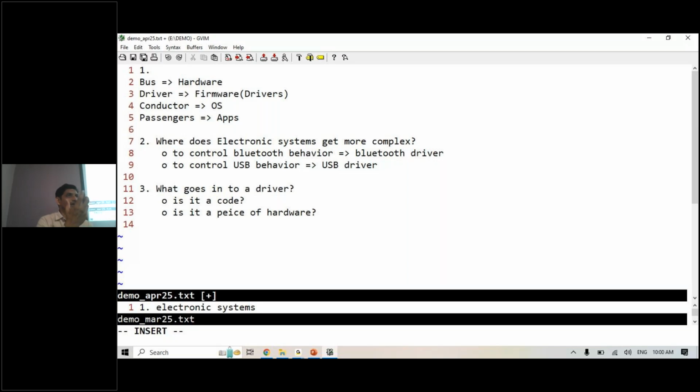Is the operating system code or is it hardware? Is it some piece of physical element? It's code. Applications, say you are developing WhatsApp, you are not developing a physical element, right? It's code you are developing. So anything other than the hardware, everything else is some level of code.